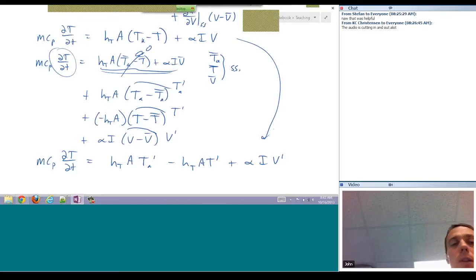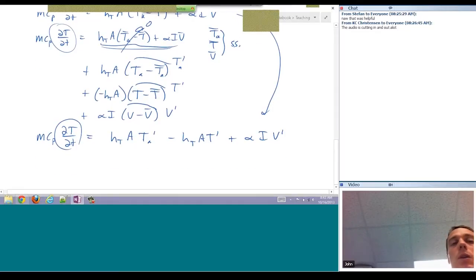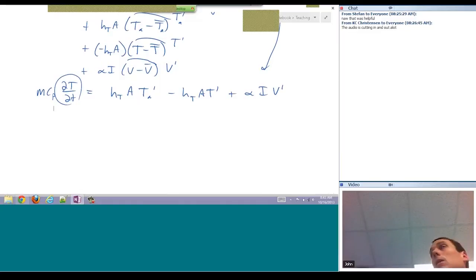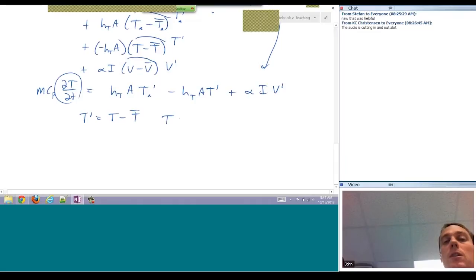What about this one though? I want to get this in terms of T prime as well. What do I do about the derivative? Let's just define that. T prime equals T minus T bar, and let me just solve for T. T equals T prime plus T bar. Then let me just substitute that in there.